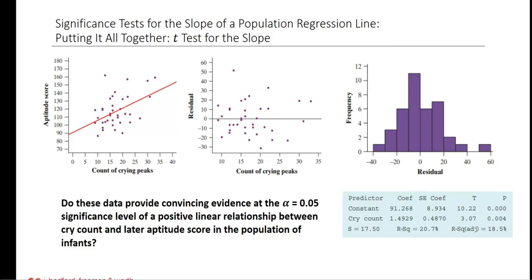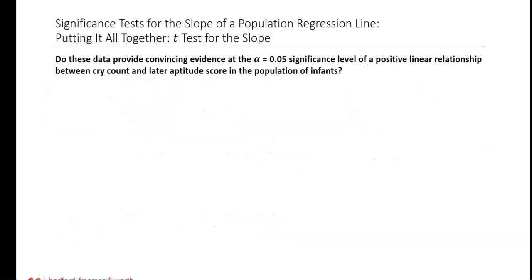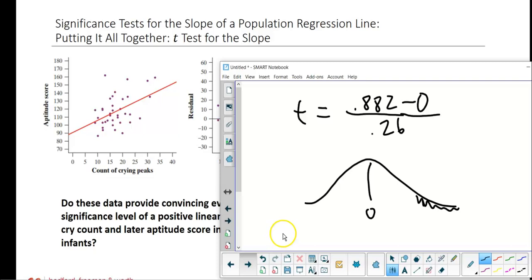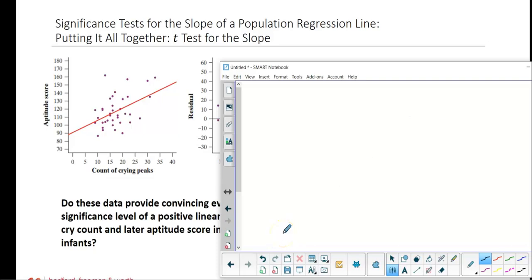Okay, so what's the first thing we want to do? So let's do the null and the alternate here. So the null is going to be beta equals 0.